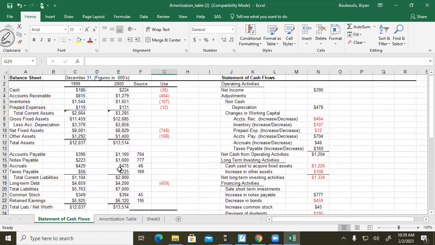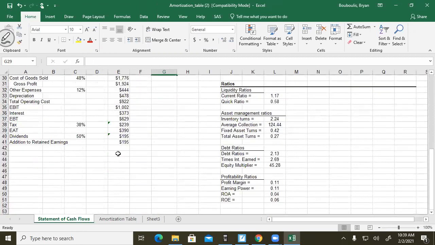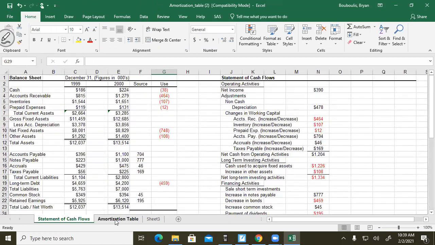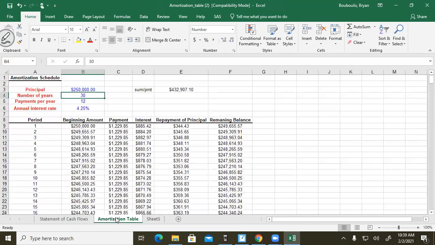This part is on here too, the statement of cash flows. We'll get into this in chapters 1 through 3. So this will be a good little tool, especially for those of you that want to have your own business. You can plug numbers in. It'll help you analyze your business, and you'll see what we're talking about when we get into the other stuff after, in chapters 1 through 4 and all that.